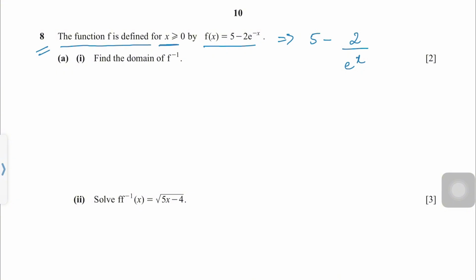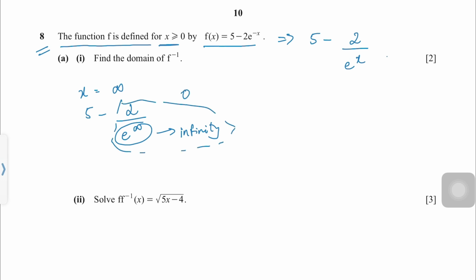Let's take x as infinity. Now if we take x as infinity, we get e to the power x, and then this denominator would be too large. This would be infinity. So this whole thing would become 0. So f can be 5 at maximum.